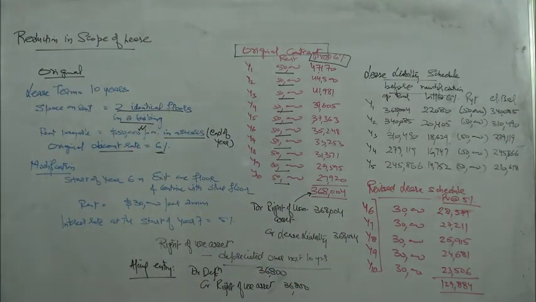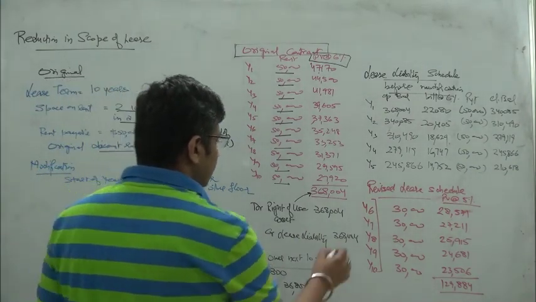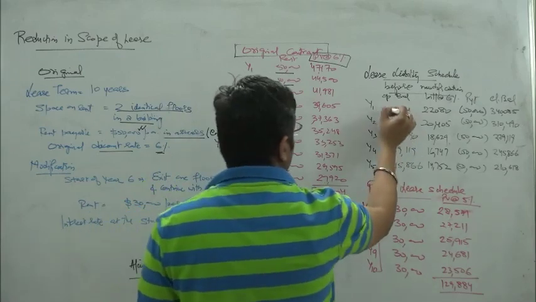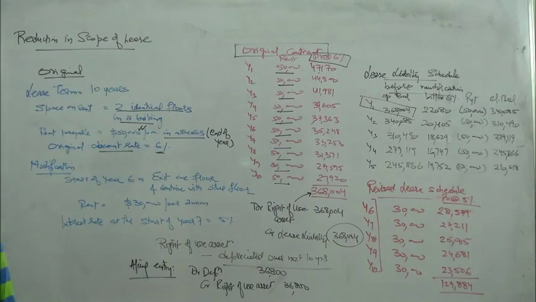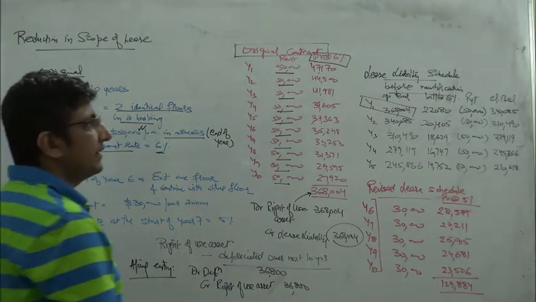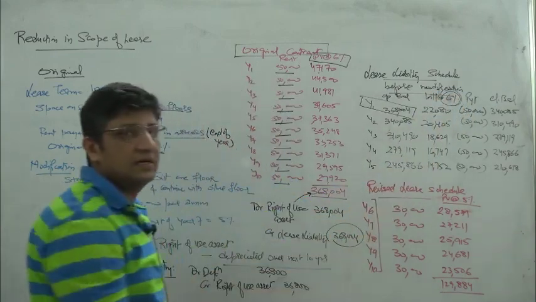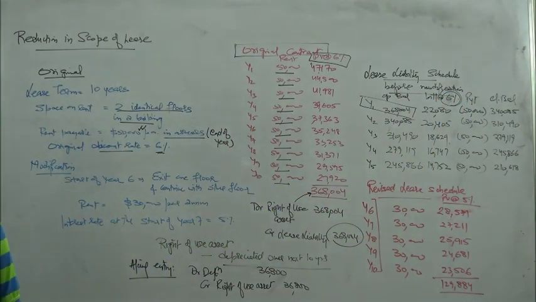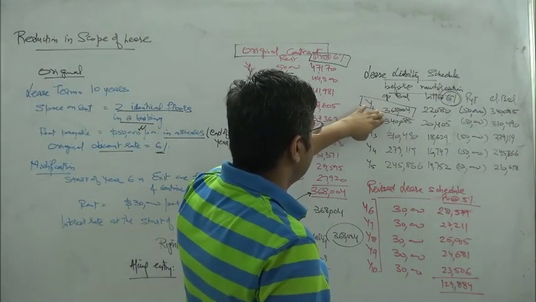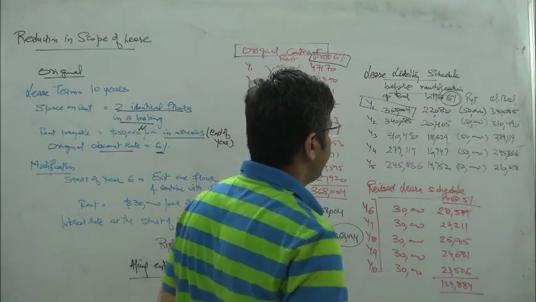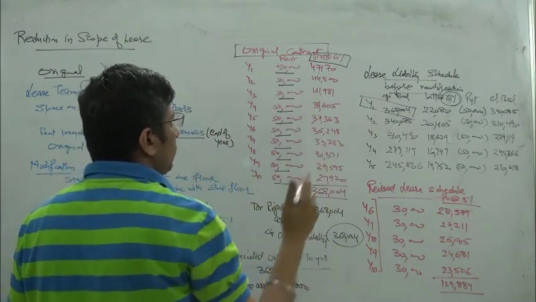Is it okay? Yep. Now on the lease liability side, this 368,004 will become my opening balance, and I will recognize interest cost at the rate of 6% per annum. So for example, I'm now going to charge an interest of 22,080, which is the approximate 6% interest on the opening balance.